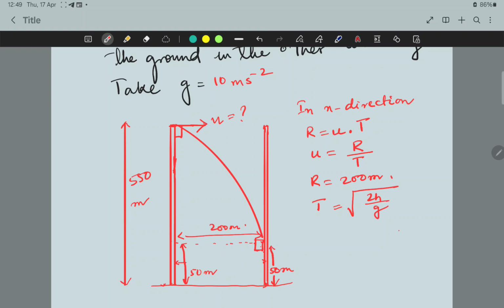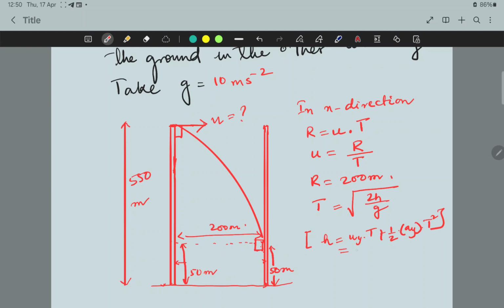It is coming from the second equation of motion, that is h equals uy multiplied by t plus half ay multiplied by t square.